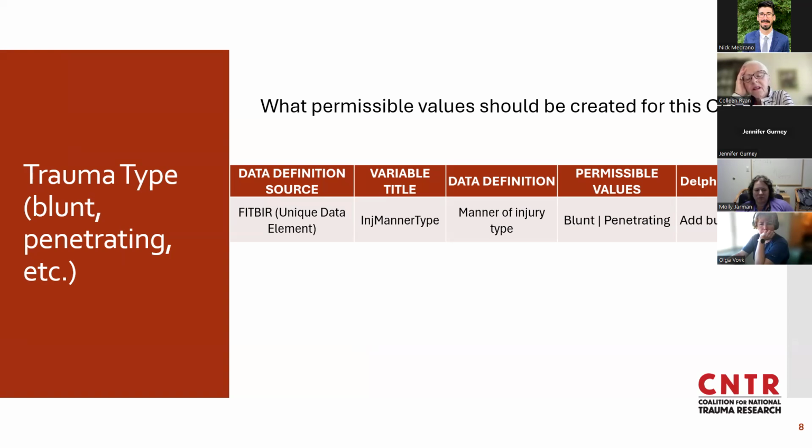I think I'd have to get some more consensus on that. When we try to compare any military data using NTDB or TQIP, there's nothing that really matches. But I think that's because it's a military unique injury. It's one of the things that's come up.